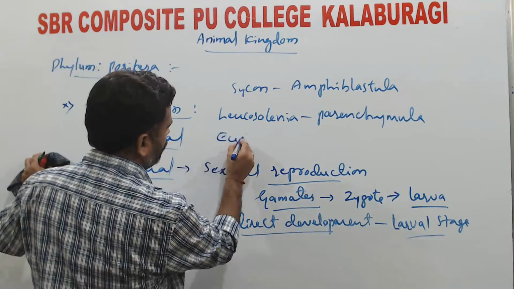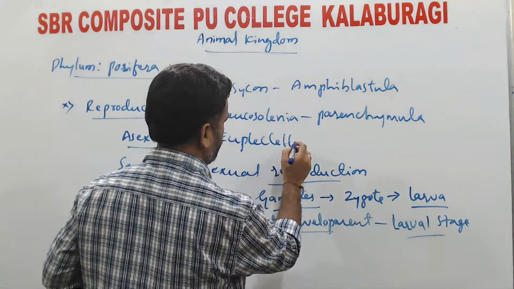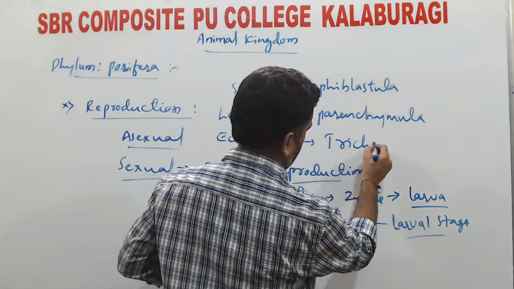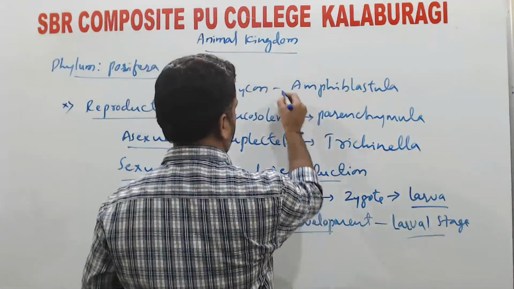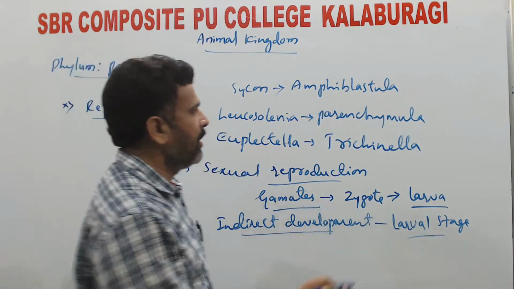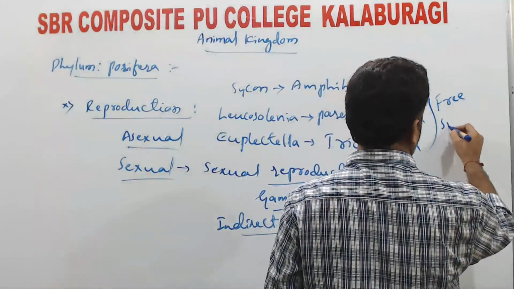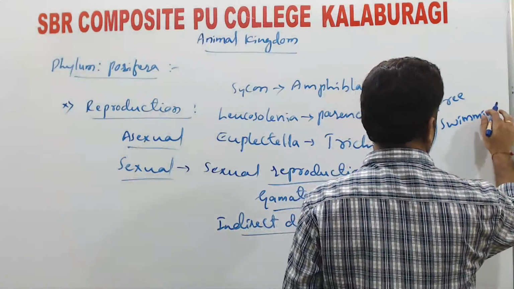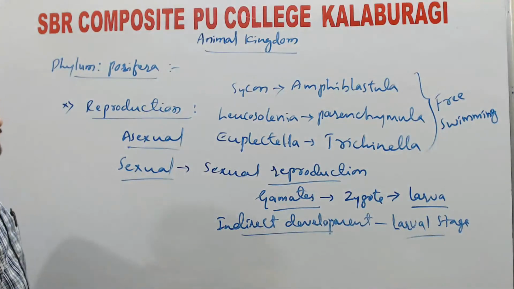The larva of Euplectella is Trichimella. These are the larvae of Poriferans, where all these larvae are free swimming individuals.